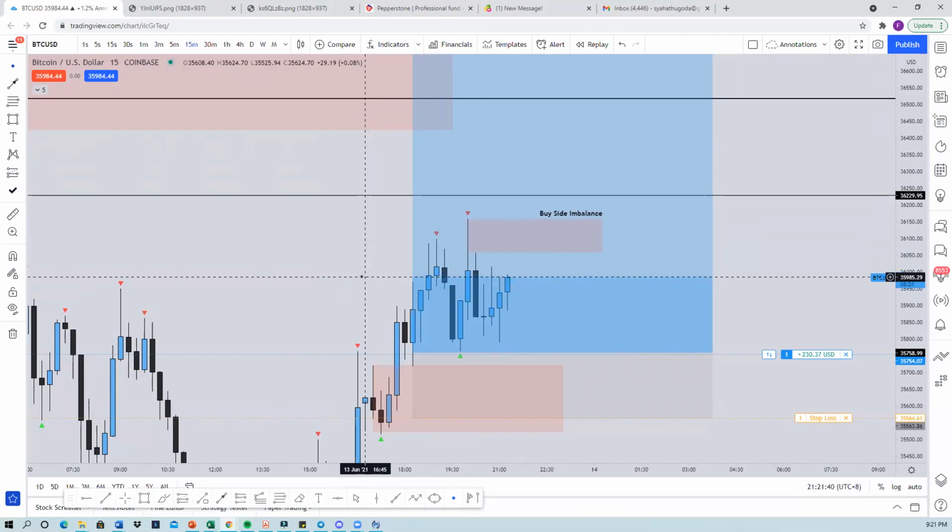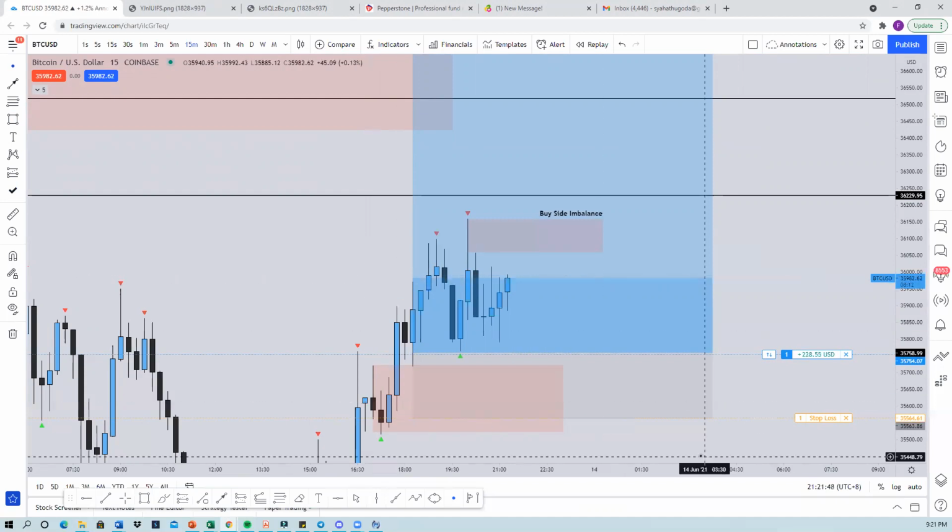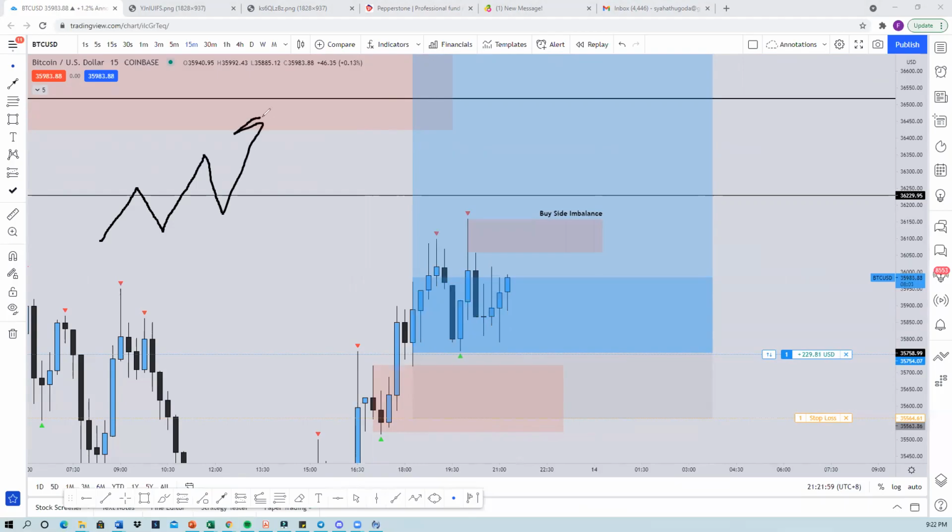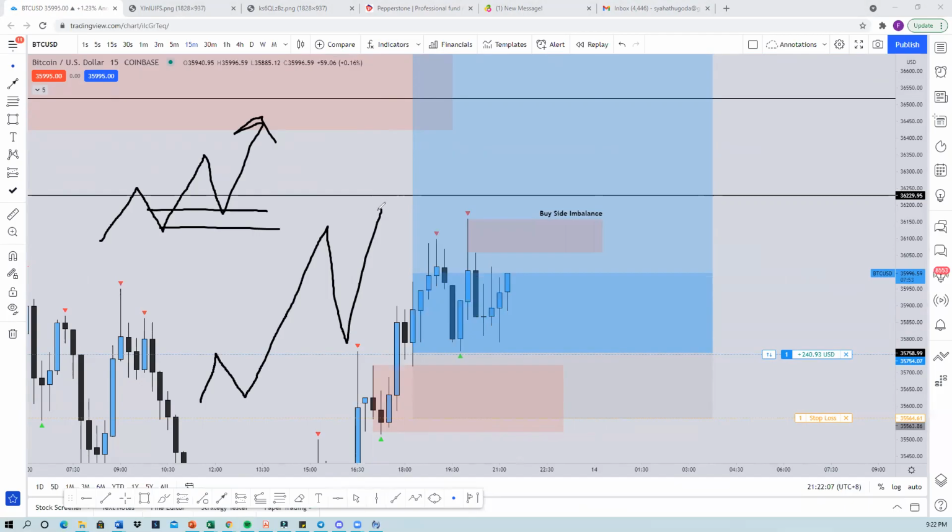Then when we look at entry techniques, entry techniques would mean, based on the type of the range and the market structure formed, you have this, like I showed yesterday. Then you have that.